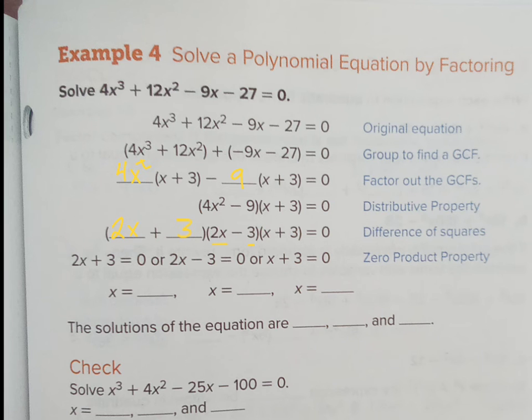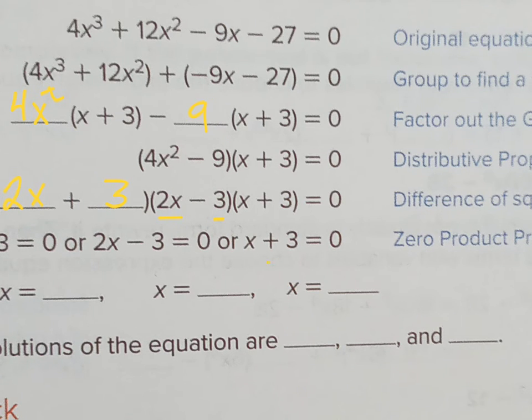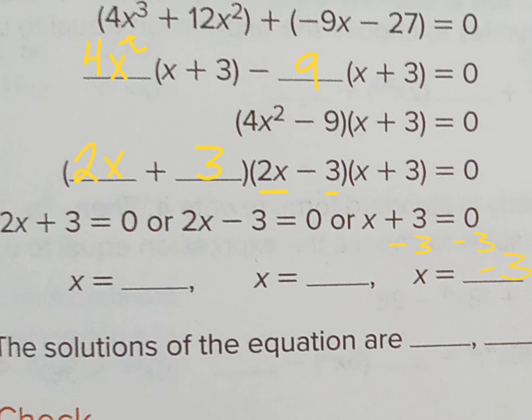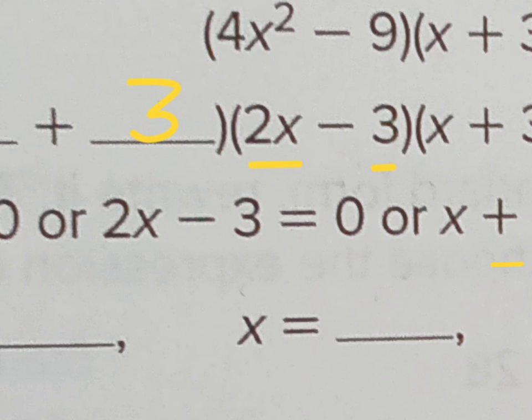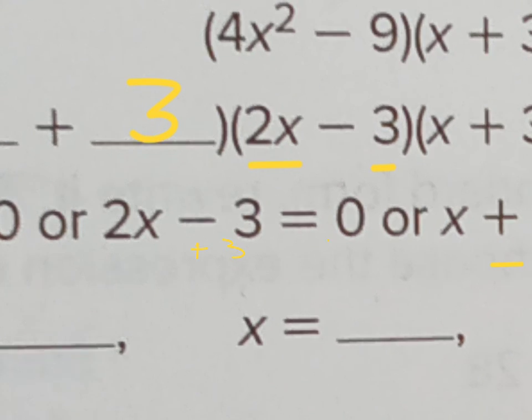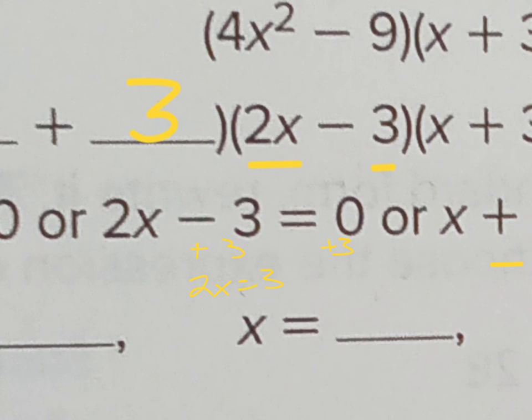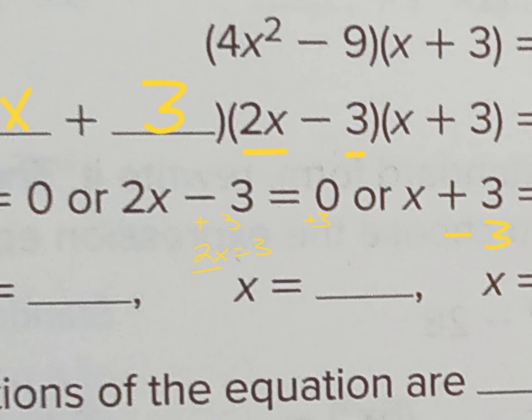We set each of these factors equal to 0, and then we solve. I'm going to start over here and subtract 3, so negative 3 is one of those answers. On this one, I'm going to add 3, so 2x equals 3. Then I'm going to divide by 2, so then 3 halves.